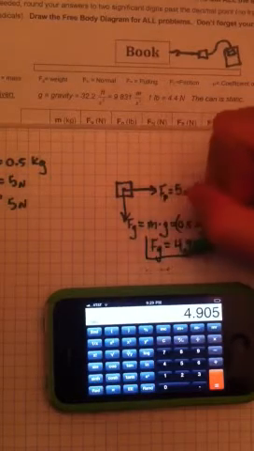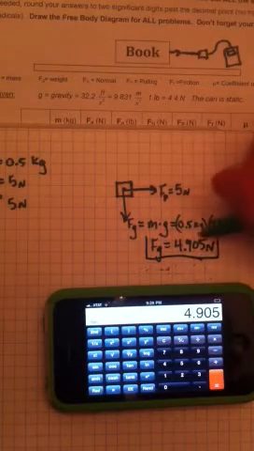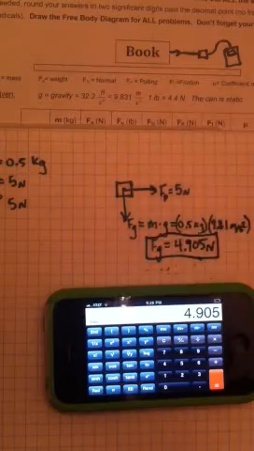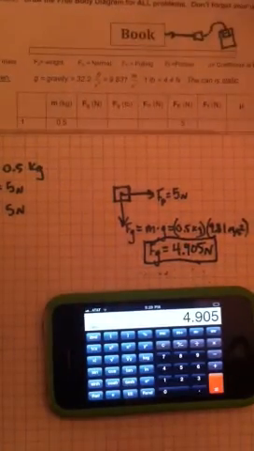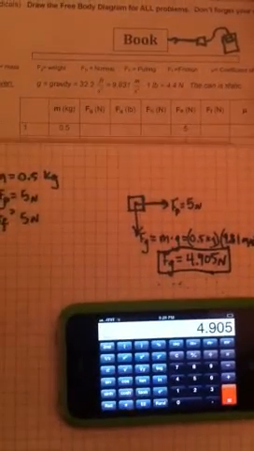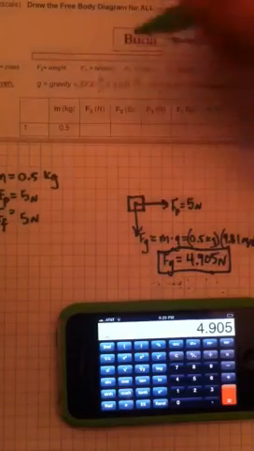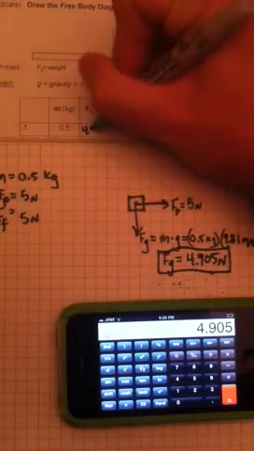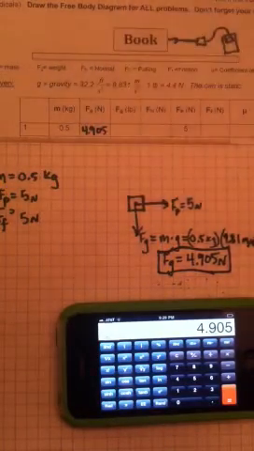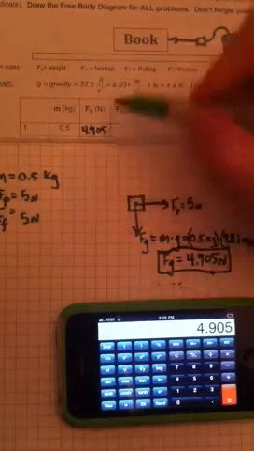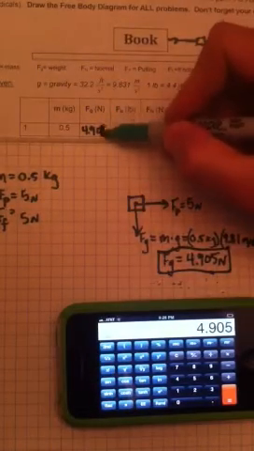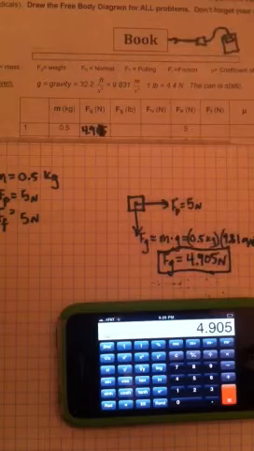I'm going to box this in because this is one of the answers that we are looking for. If we go back to our worksheet, question number one, what is the force of gravity? So I can write 4.905 newtons there. Oh, I should have written 4.91 because we're rounding to 2 decimal points.